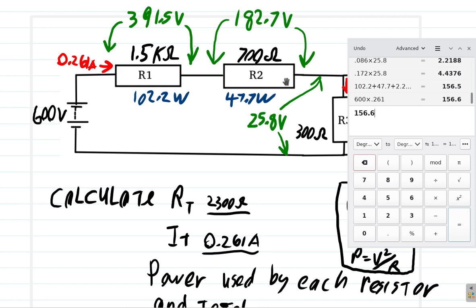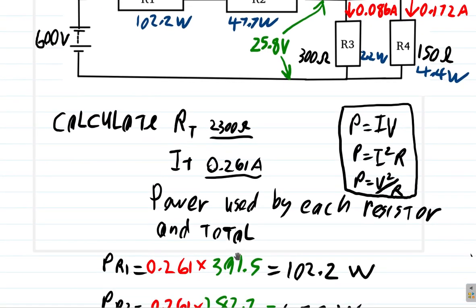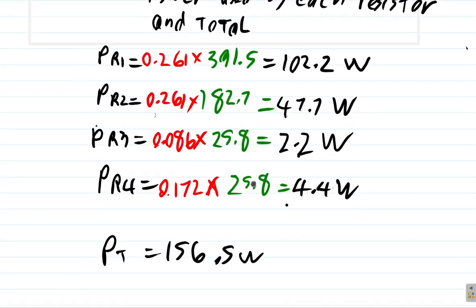If you multiply total current times applied voltage, you get 156.6 watts. Alright?